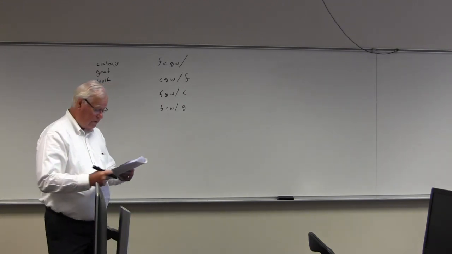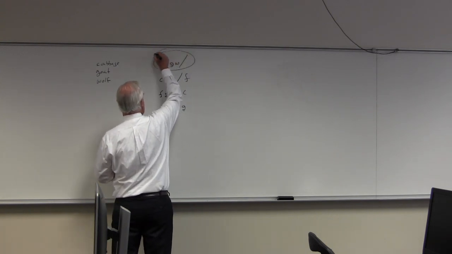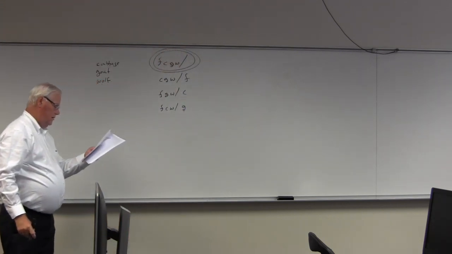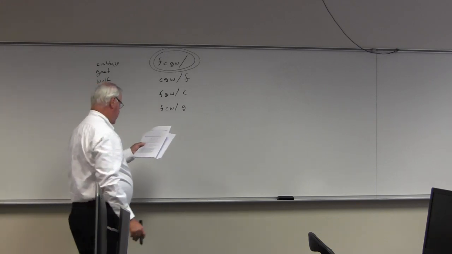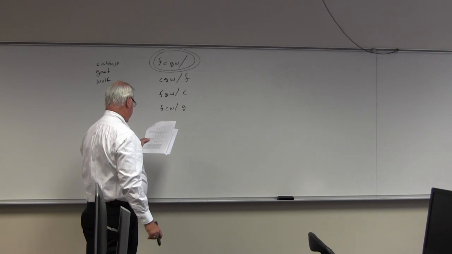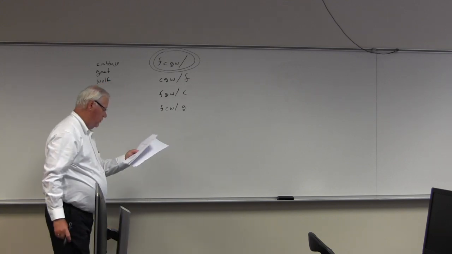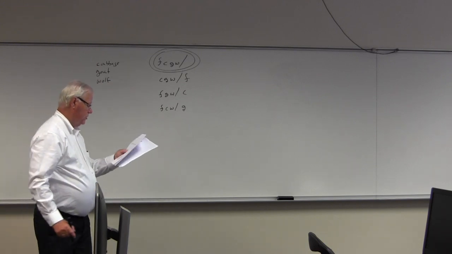Now, this is the starting position, so we'll circle this twice and say there's our start place. And we will put then where we can go from that start position in terms of other things we can do.